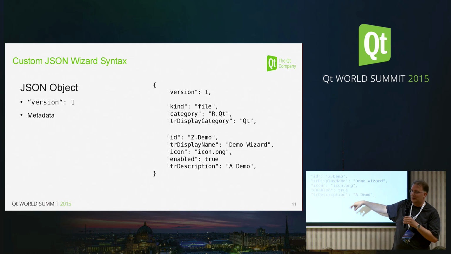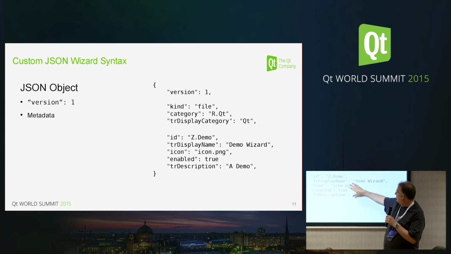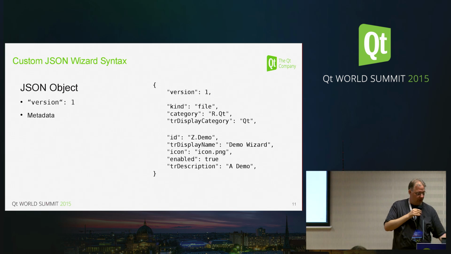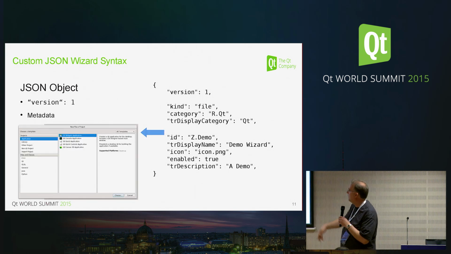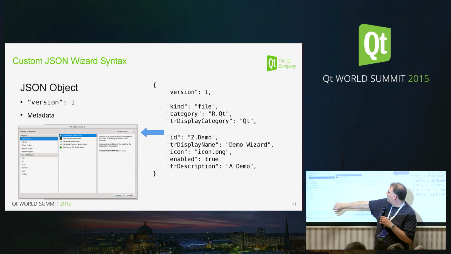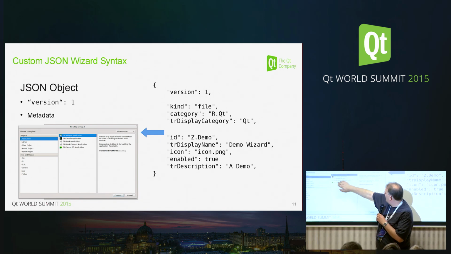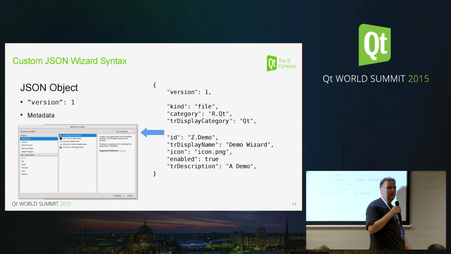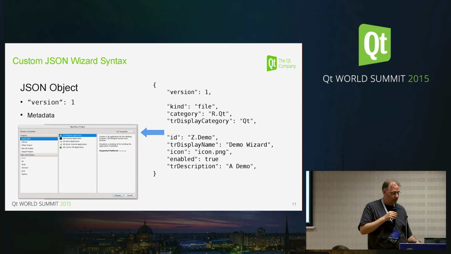That works if you ship it with QtCreator, of course, only then. And all the other metadata that we had before goes there. So here, the kind says whether it's listed here or here. The name is here, the icon, and you have the description here. So that's all the meta information you get in that dialog.